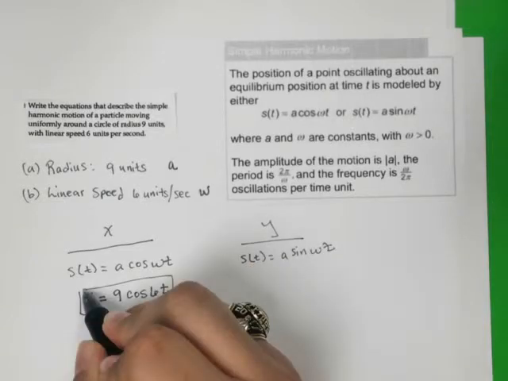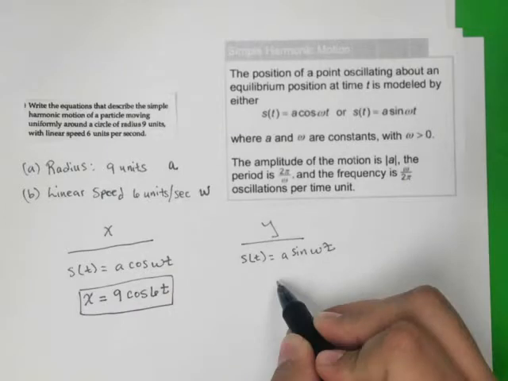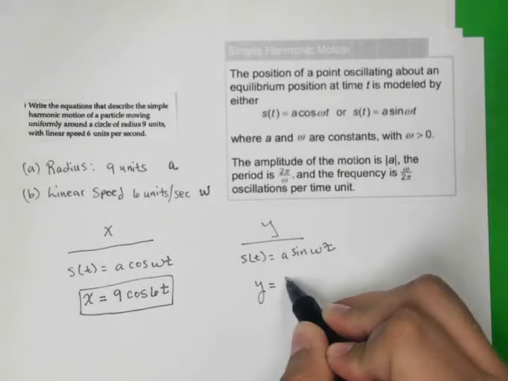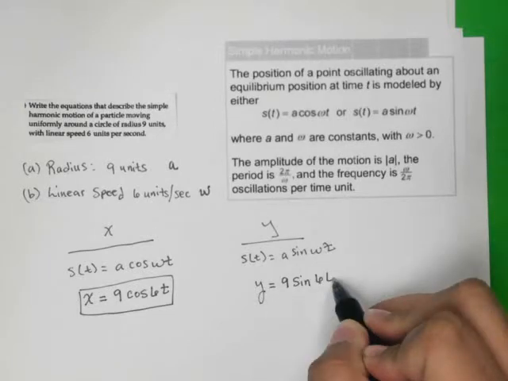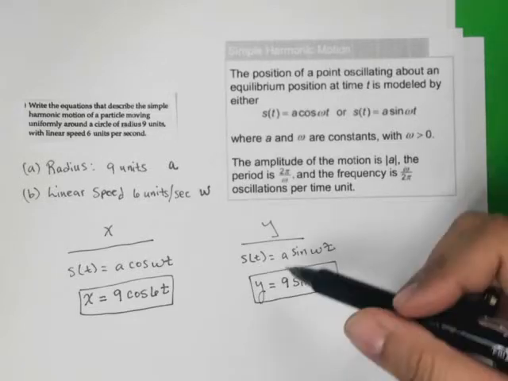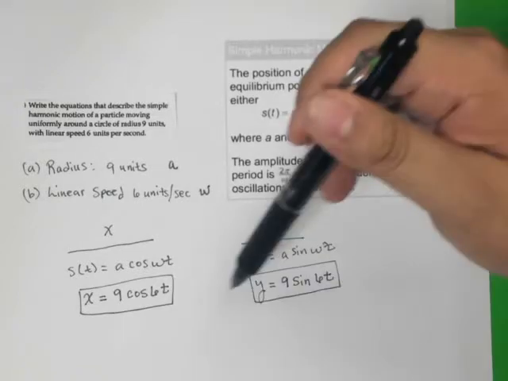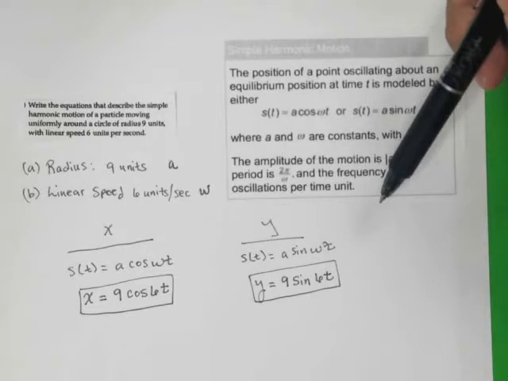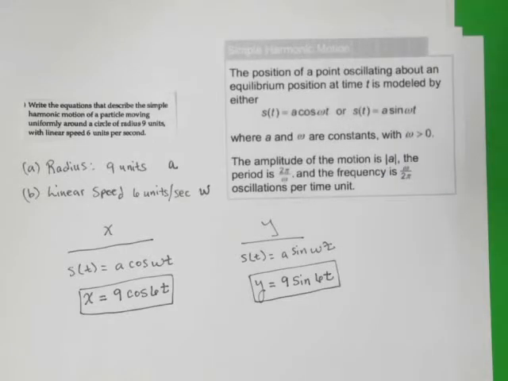So this is the equation along the x component of our oscillation here. And then the y component will be the same thing except sine, 9 sine of 6t. So this right here is the y component of this particle moving around this circle, and it can be modeled with either of these two equations. This is what we mean when we say we're talking about simple harmonic motion.